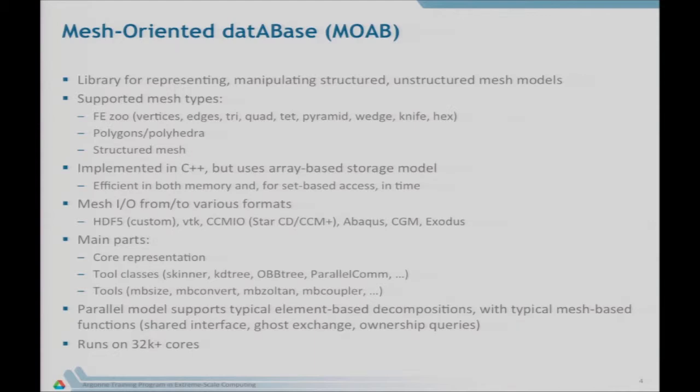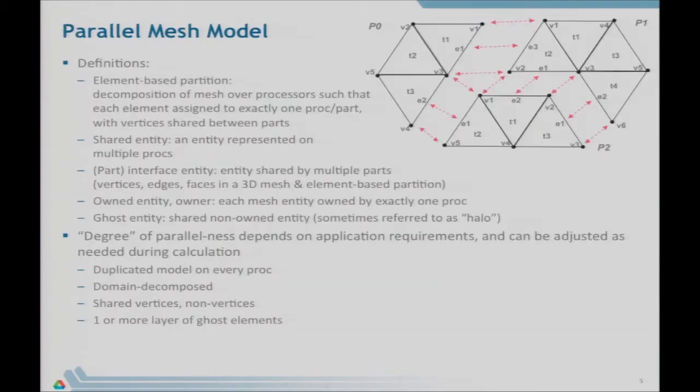When you're using MOAB, you'll deal mainly with three parts: the core representation, the tool classes that provide higher level functionality that you access programmatically, and then tools that are packaged and compiled with MOAB that use the library to do various things that you'll use from the command line. MOAB's parallel model I'll talk about in a minute, and MOAB's been run on 32,000 cores and more. So we've run some pretty large meshes on some fairly large core counts.